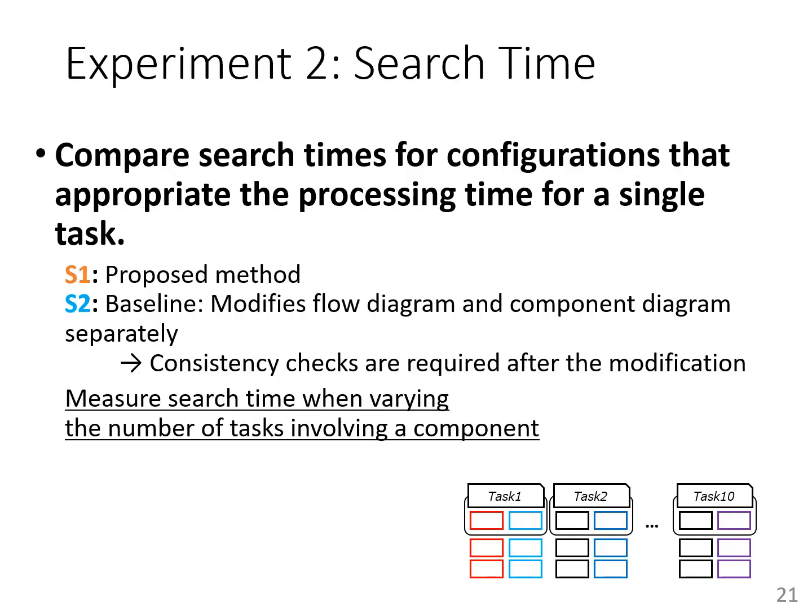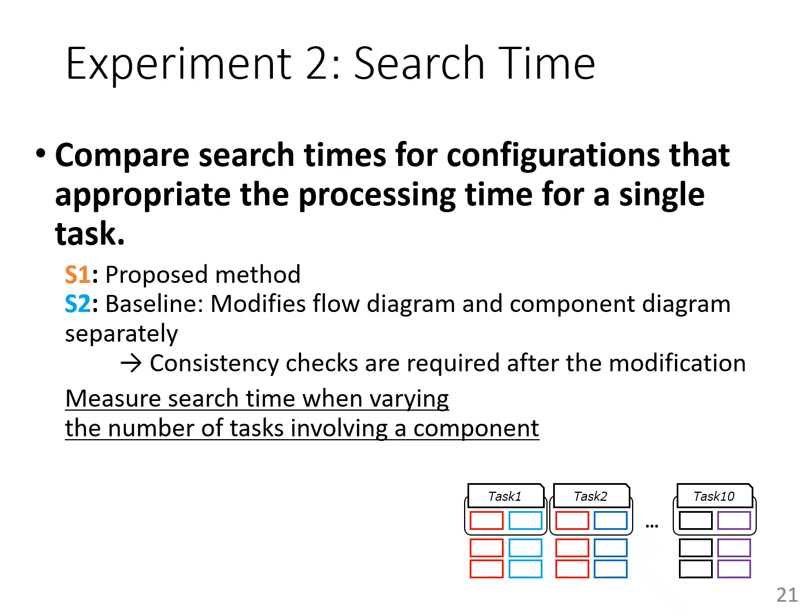In this study, we also focused on the scalability of our framework in terms of search time. We compared the time required to find a suitable configuration for a task. We measured how fast our framework can search for alternative processing methods once a violation is detected. We considered two approaches.